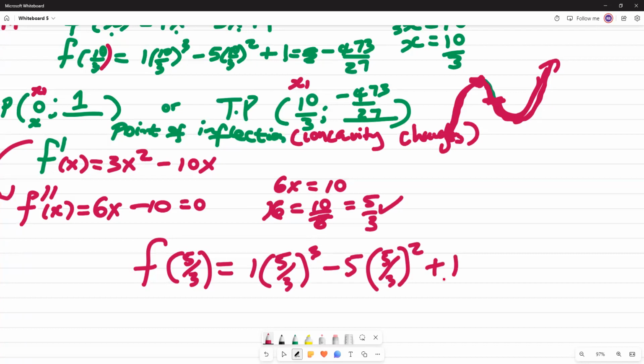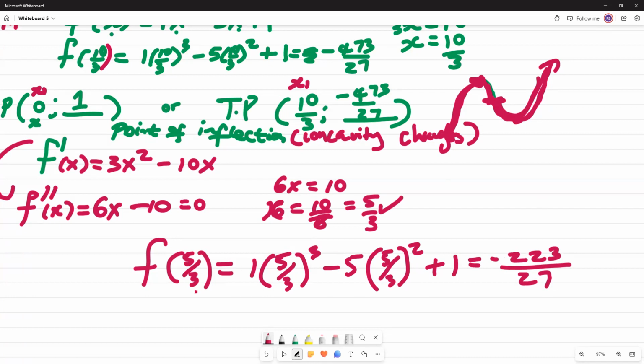So we have 1 and then we have 5/3, and then we have cubed. Then we have minus 5, we have 5/3 squared. We have plus 1, which gives us negative 223/27. Right. That is basically your point of inflection.